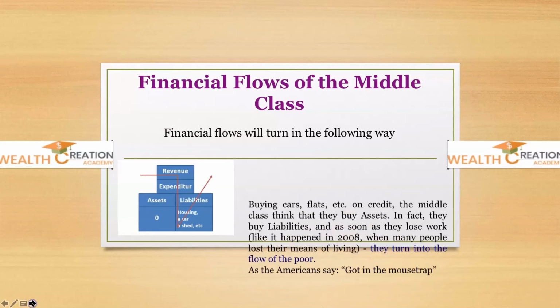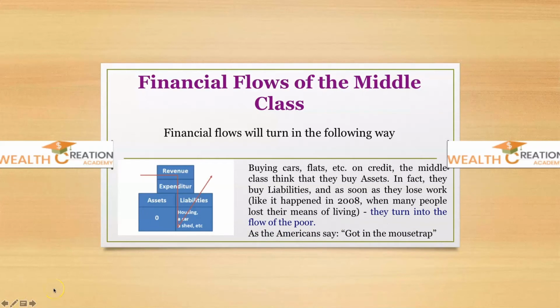Now the problem with this is that, like the financial flow of the poor, when you lose your job, things start to go very bad. People buy cars, flats, etc. on credit, and this is where people like to buy a lot of things on a credit card. The middle class think they are buying assets when they are actually buying liabilities.